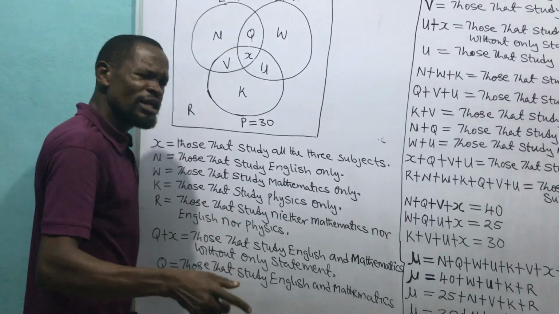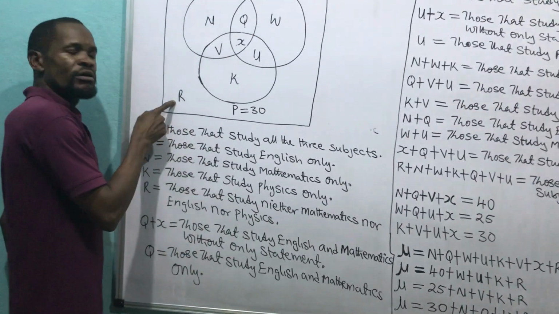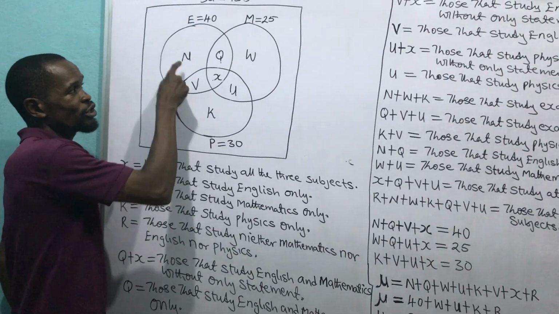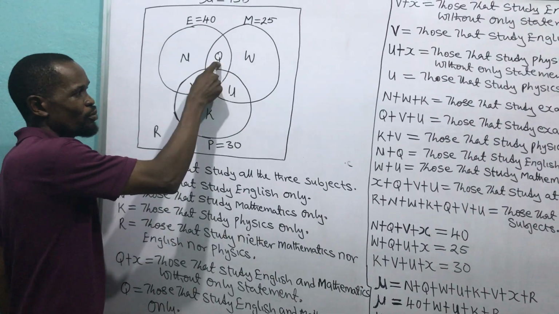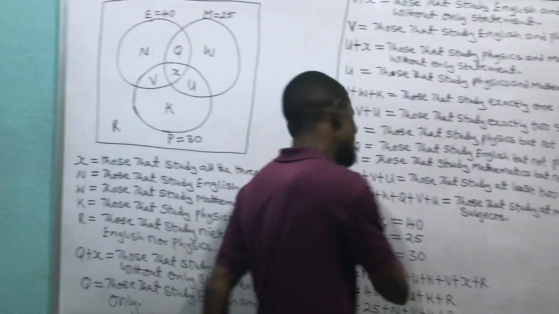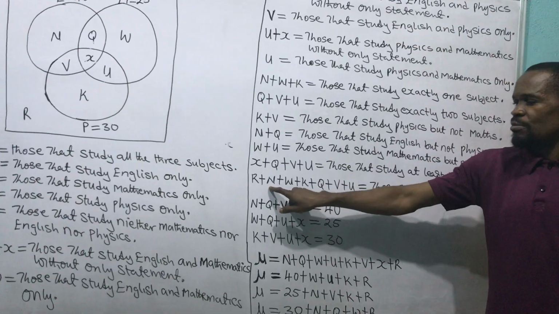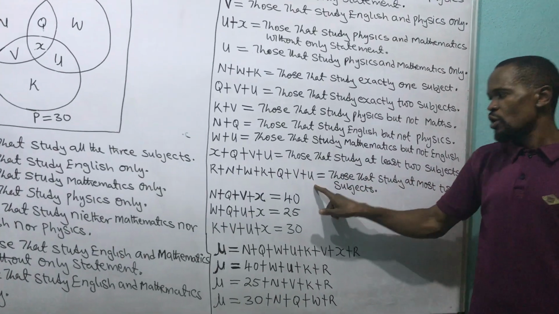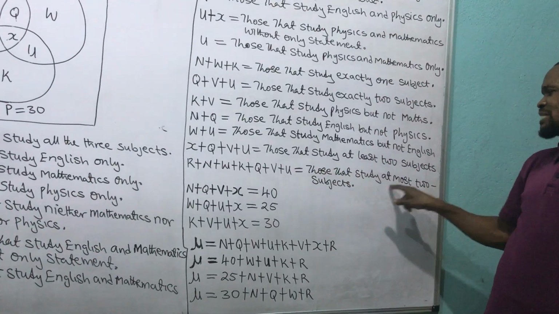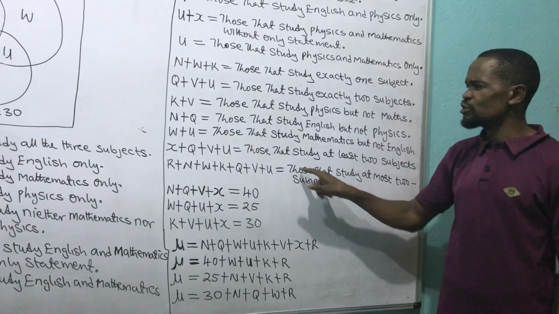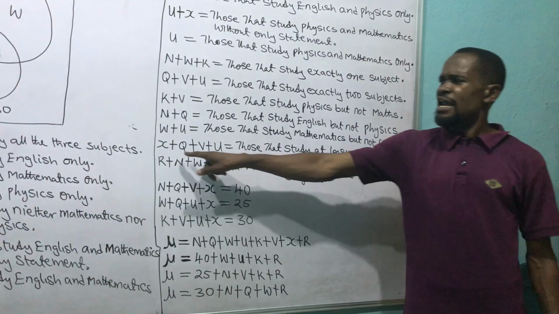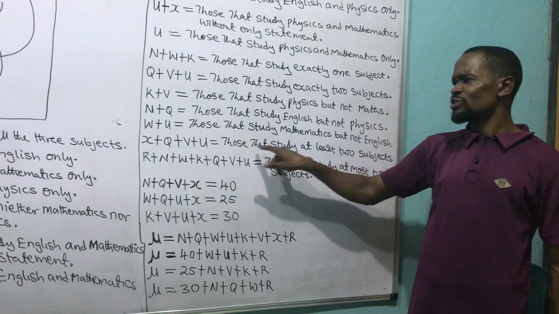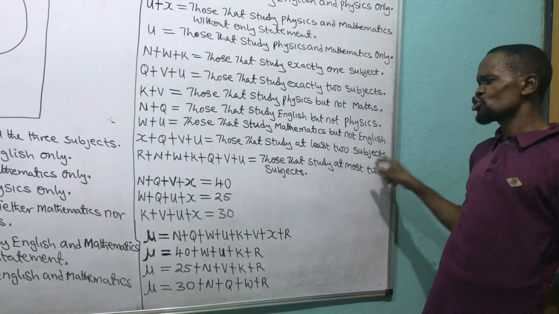Look at where I stated it. R, plus N, plus W, plus K, plus Q, plus V, plus U are those that study at most 2 subjects. At most what? 2 subjects. Here I say X plus Q plus V plus U was for those that study at least 2 subjects.